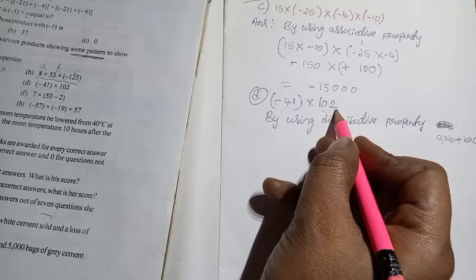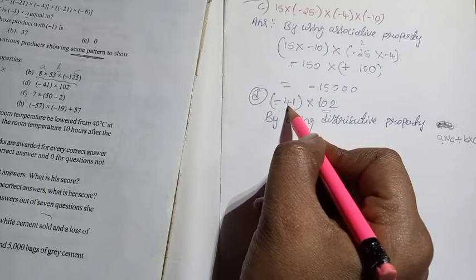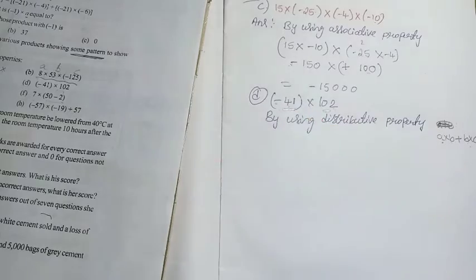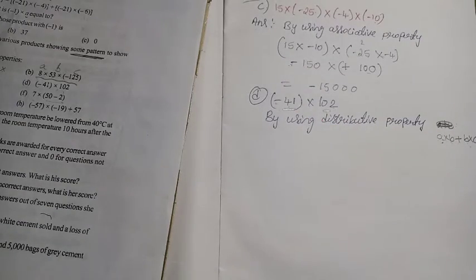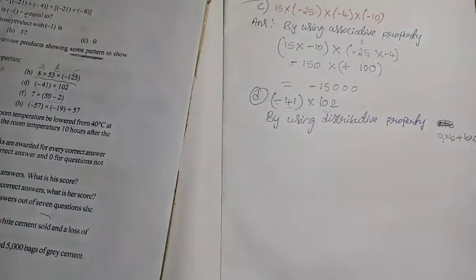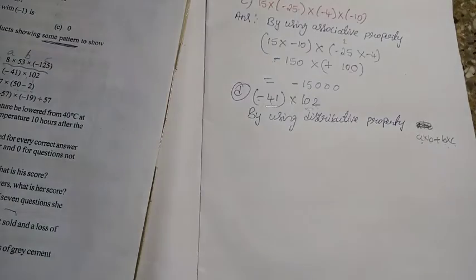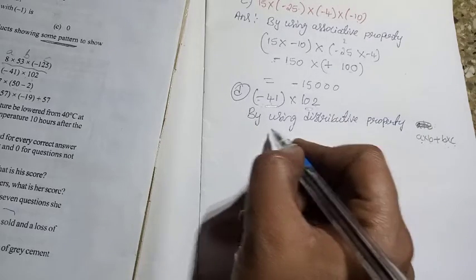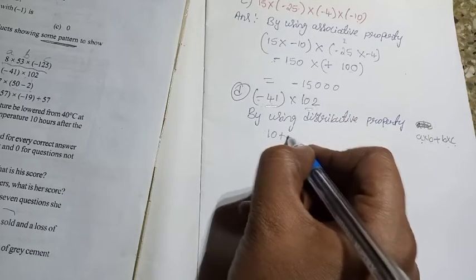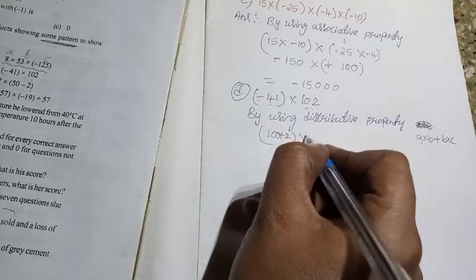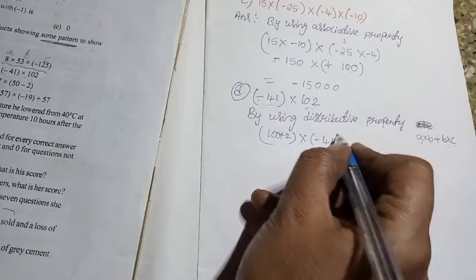102 we can write as 100 plus 2. Or else you can write it the other way, but here we take 102. So I am going to split this number using the distributive property: 100 plus 2, one number, into minus 41, which I keep as it is.